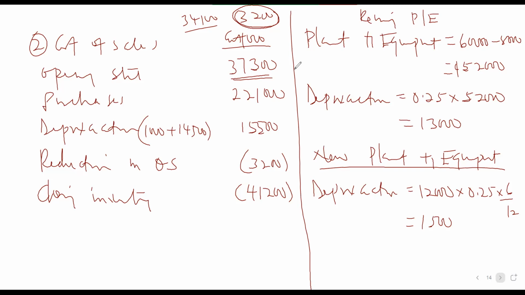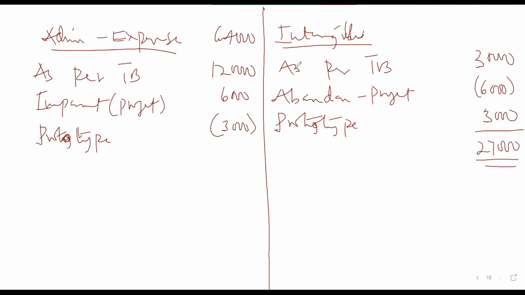The building. But how do we determine the interest? Let's take the loans one by one. So the first loan, what will be the interest that we are paying on the first loan? 6% on 4 million. So 0.06 times what? 4,000.